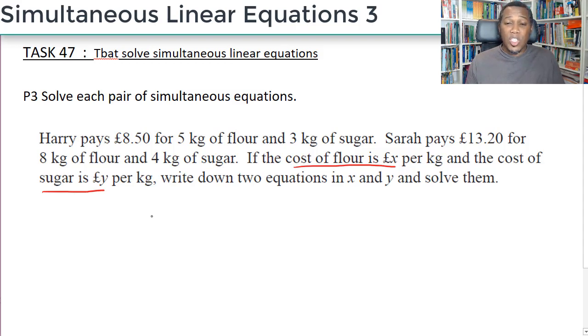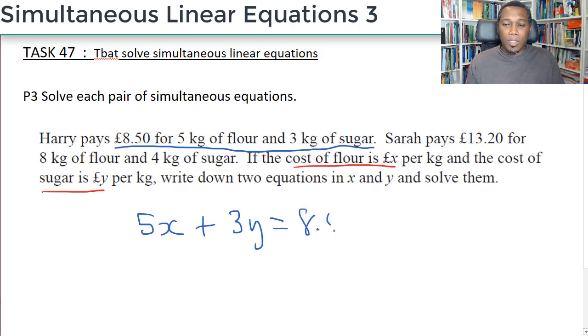So the first equation you should have is based on the 850 that's being spent on sugar and flour, for 5 kilos. If X is the cost of flour per kilo, then I'll have 5X. And then I add the cost of sugar per kilo, 3Y, and you're going to get 850. That's the first equation you would want to have.